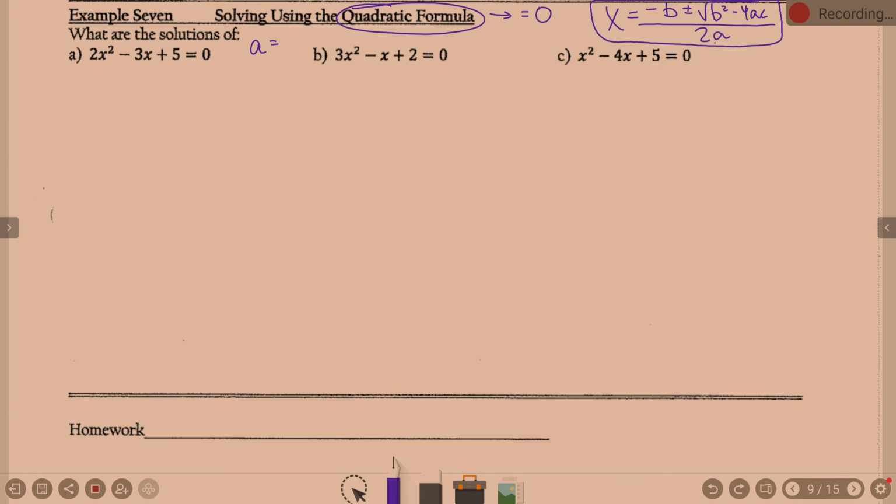What's a? 2, because it's in front of the x squared, right? What's b? Negative 3, because it's in front of x. And what's c? 5, because it's a number hanging around at the end, yes? Again, if you don't remember your a, b, and c's, look back to lesson 4.6 or even before.